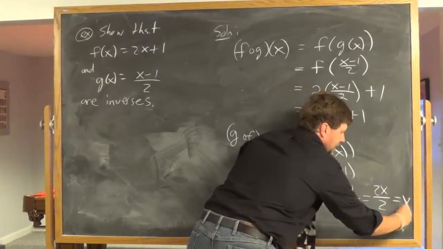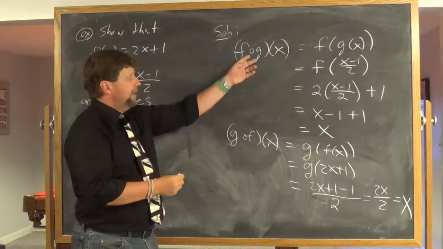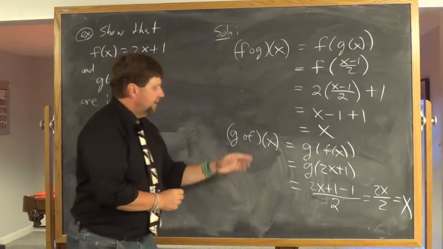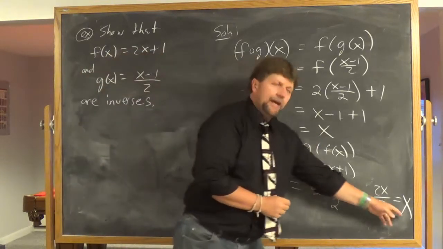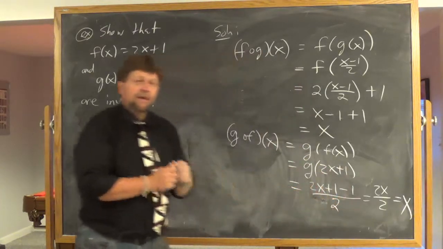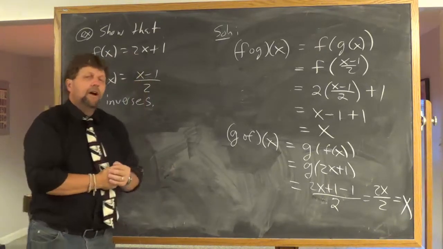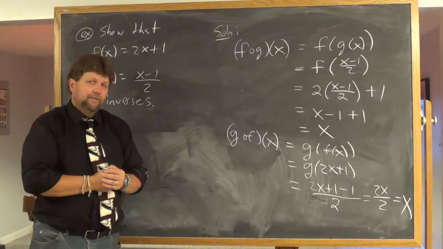That simplifies down to x. We have shown that the FOG of x is x, the GOF of x is x. Because both FOG is x and GOF is x, that's how we know these two functions are inverses of each other.